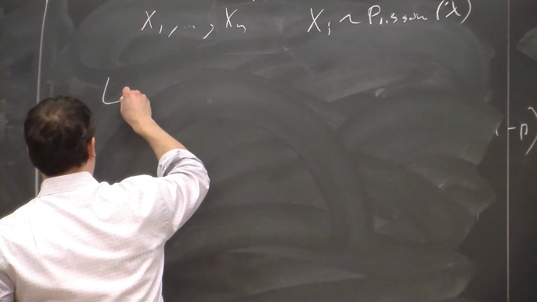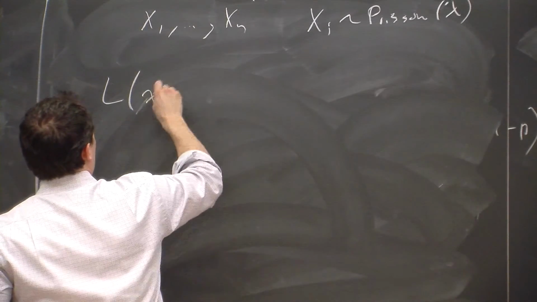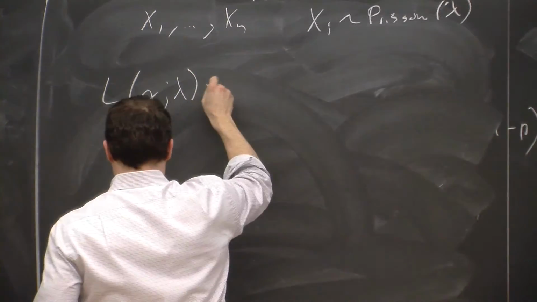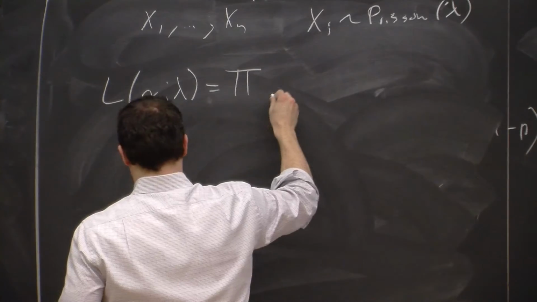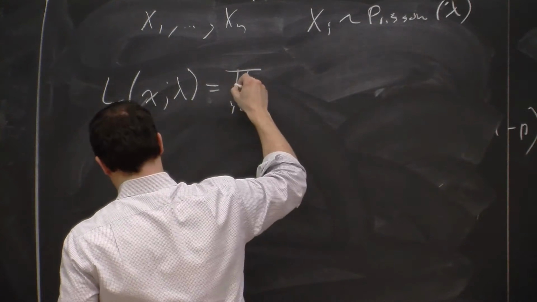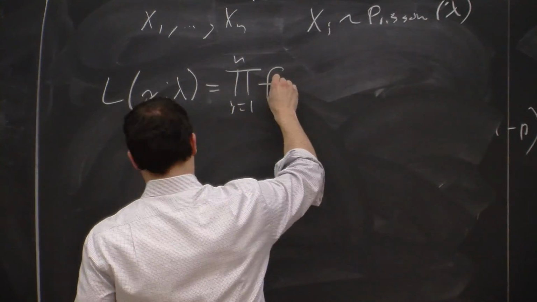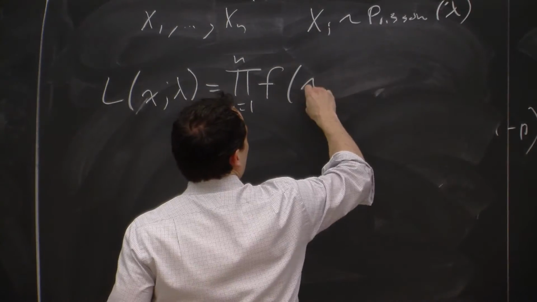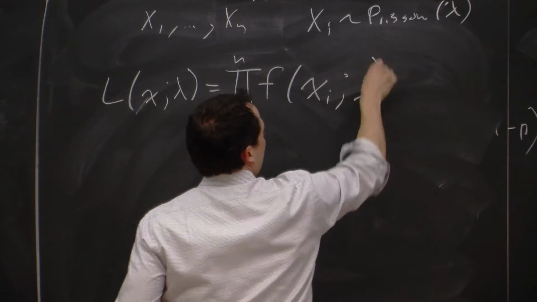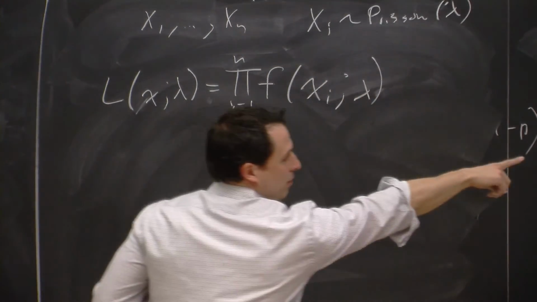We have a likelihood function, which, because of the independence assumption, like every other likelihood function with an independence assumption, is just the product of all of the probability distribution functions.